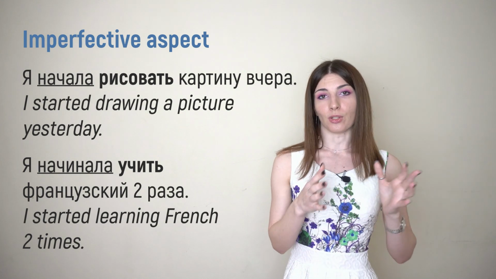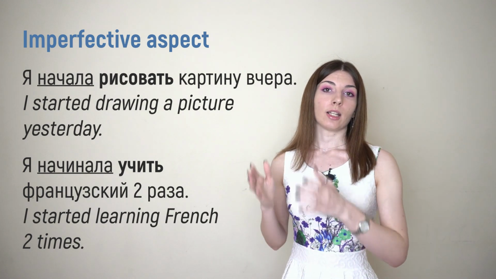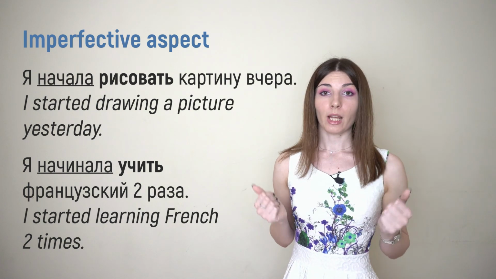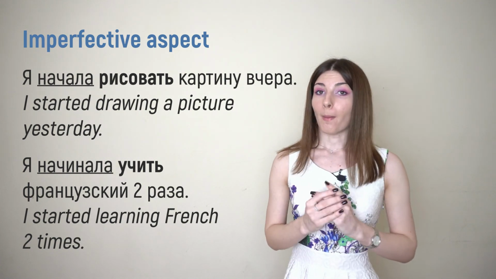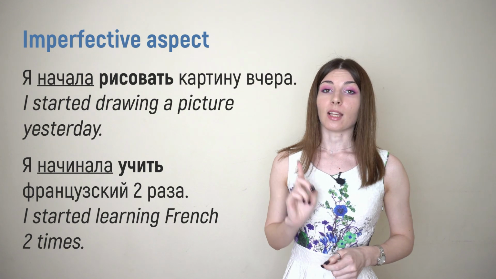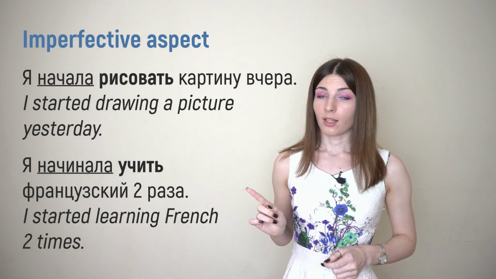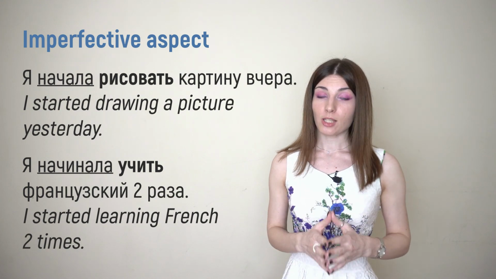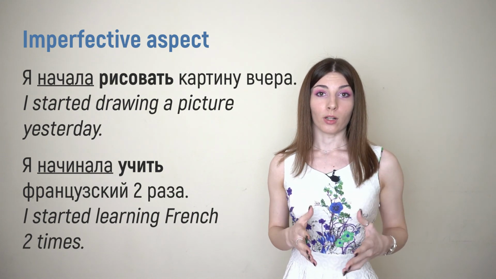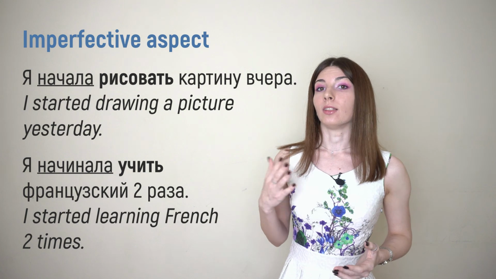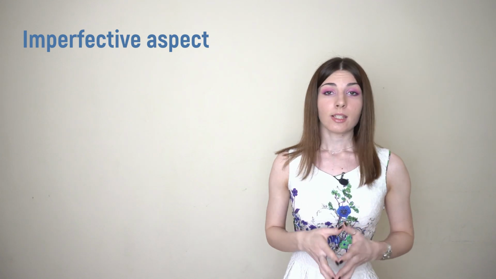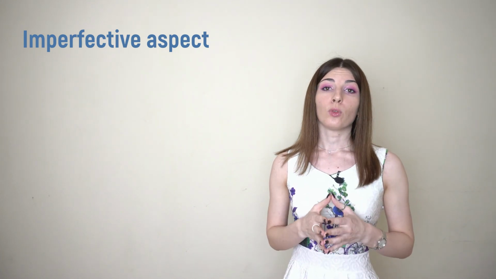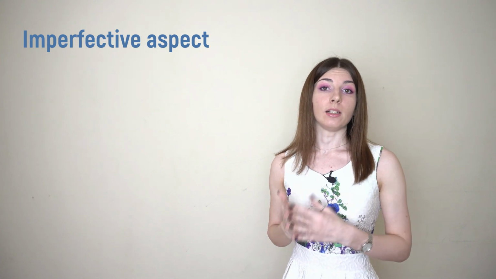So you started, you stopped, and then again you started and you stopped the second time. That's why it's repetition of the action. But the second verb, я начинала учить, again in the imperfective form, just because we have this word начинать or начать.